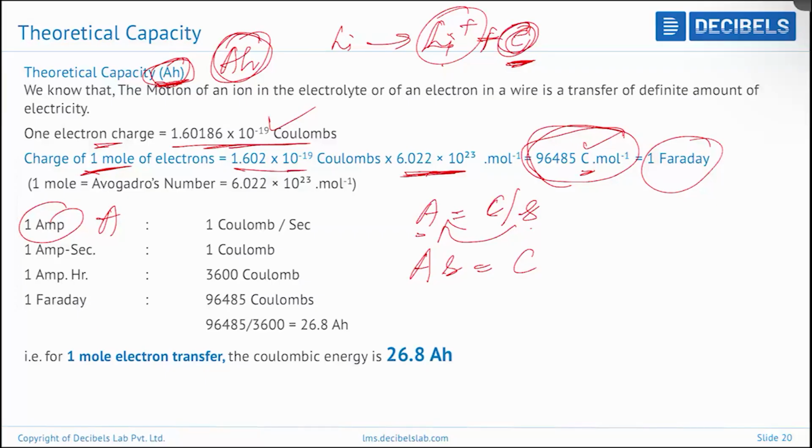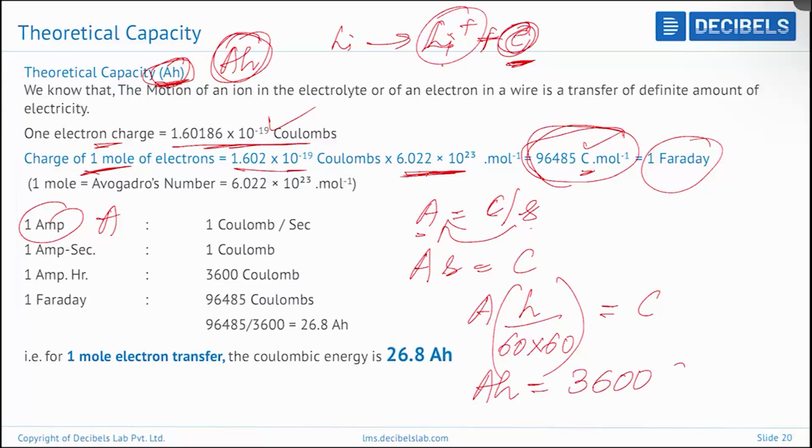Convert that second into hour: 1 by 60 times 60. So 1 Ah is equal to 3600 coulombs. 1 Ah means 3600 coulombs.